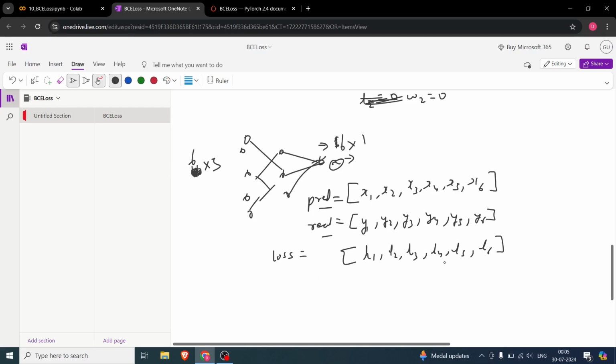Let's call this capital L. If reduction equal to none, you will have the same vector as capital L. If reduction equal to sum, you will have the summation of L of i, which is the summation of this vector. And if you have mean, then it is the summation of L of i divided by capital N. This is how it will happen.